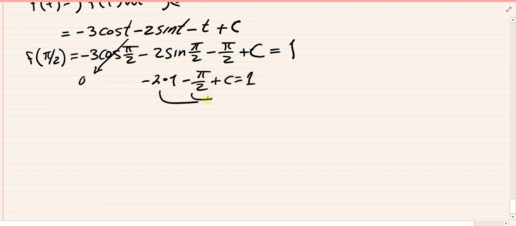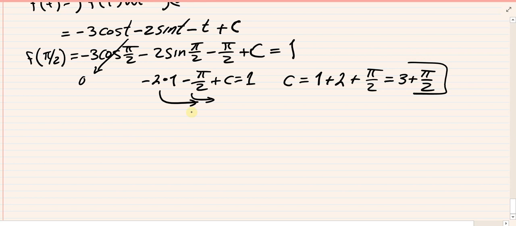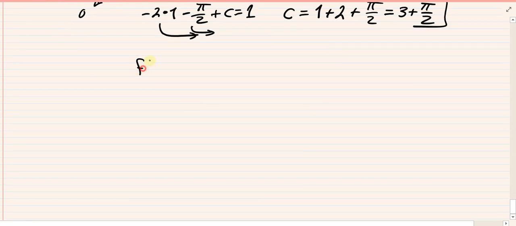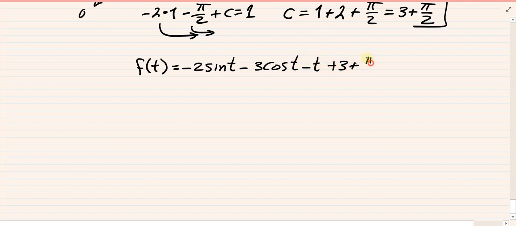So I'm going to send these constants to the other side. So c would be 1 plus 2 plus pi over 2. The whole thing would be 3 plus pi over 2. Okay, 3 plus pi over 2, and we're done. f of t will equal negative 3 cosine t minus 2 sine t minus t plus the constant of integration 3 plus pi over 2.